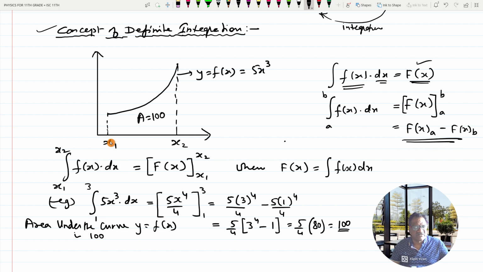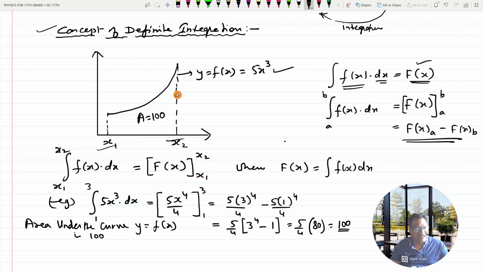So here I have shown you by example. Suppose this is the graph. Can you see this curve? This curve is y equal to f of x, say 5x cube. This is the graph of y equal to 5x cube. Now at these two points, that is x1 and x2, you are drawing vertical lines, right? So now what happens?